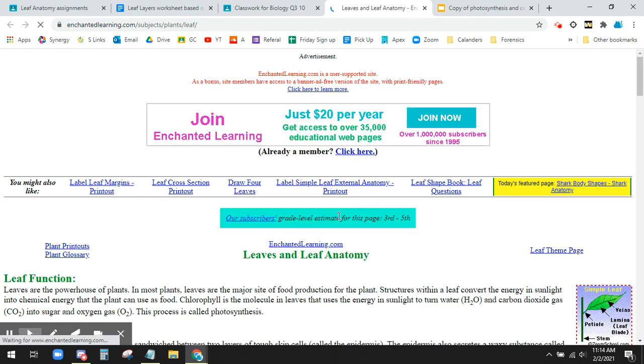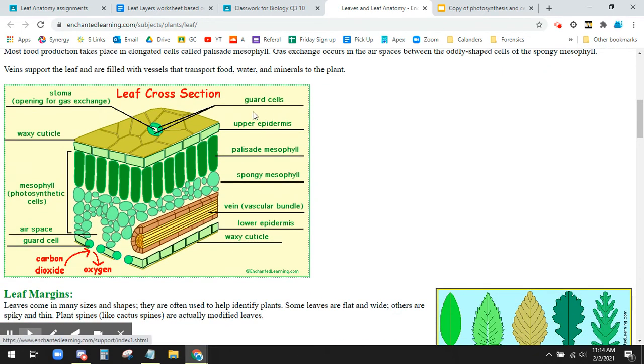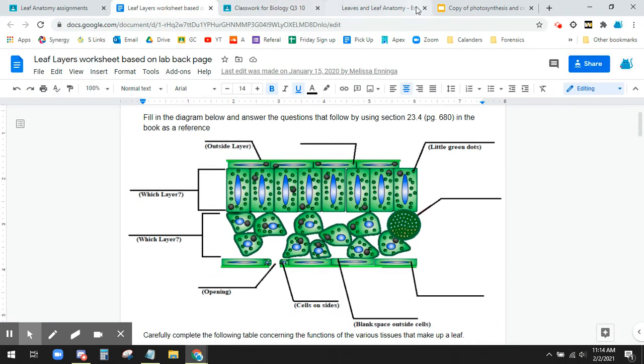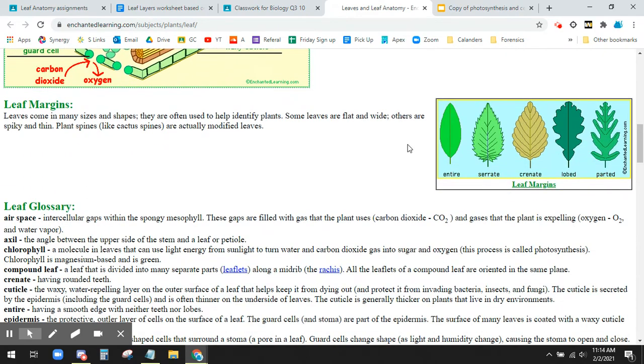If you click that, it takes you to a website that talks specifically about leaves, and it even labels a cross section of the leaf, just like on this worksheet. You just have to be able to look at this and match which ones go on that other one.